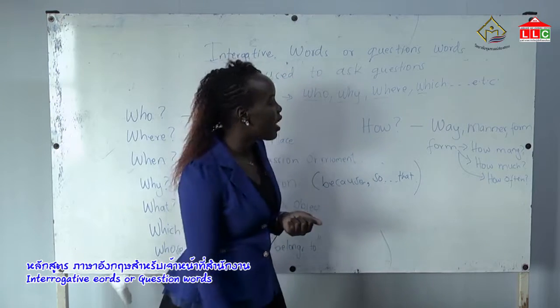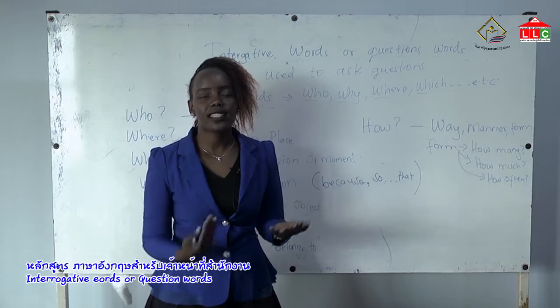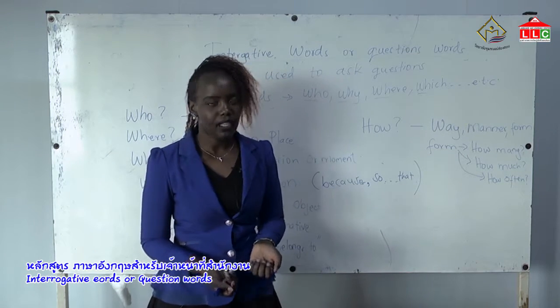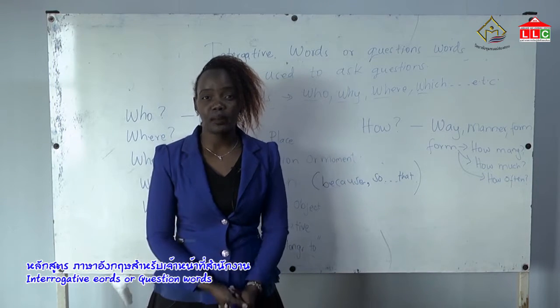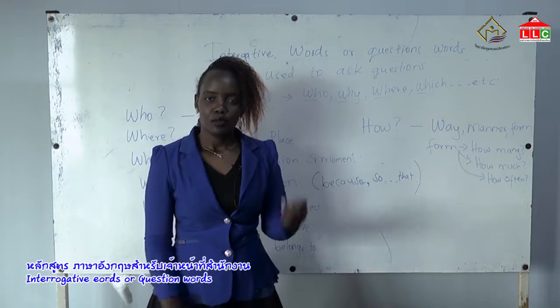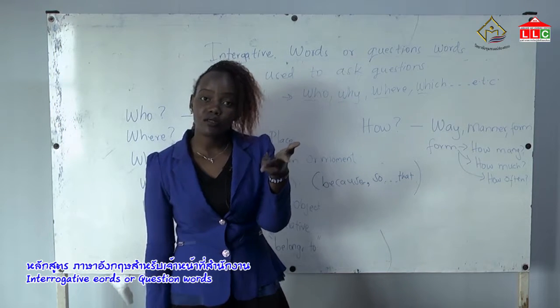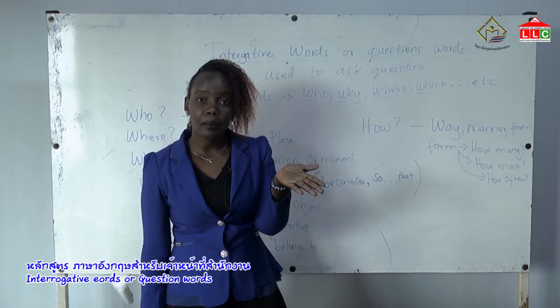Very good. Now, how often you ask when you're asking how many times you do something. So for example, how often do you go to Chiang Mai? You can say one time, or once, twice, thrice, or once in a year, twice in a month.